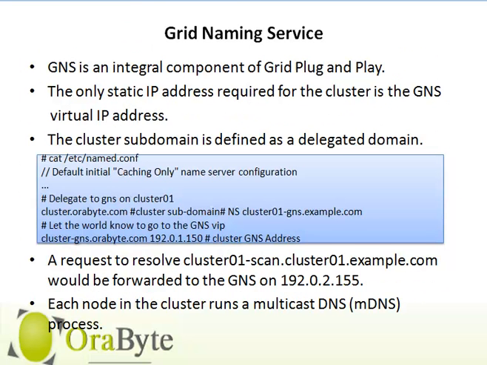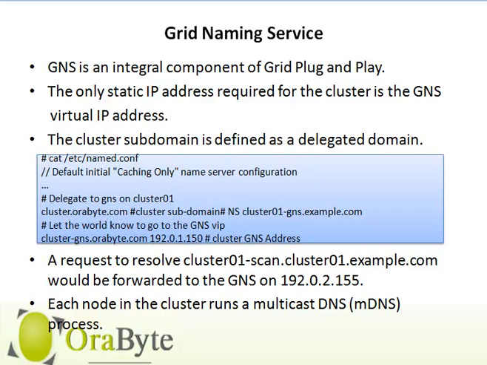So what is GNS? GNS is an integral component of grid plug and play. The only static IP address required for the cluster is the GNS virtual IP address. That's it. And to find out and to change the GNS IP using commands, which we will show you later in the practical component, you will have to log in as root.